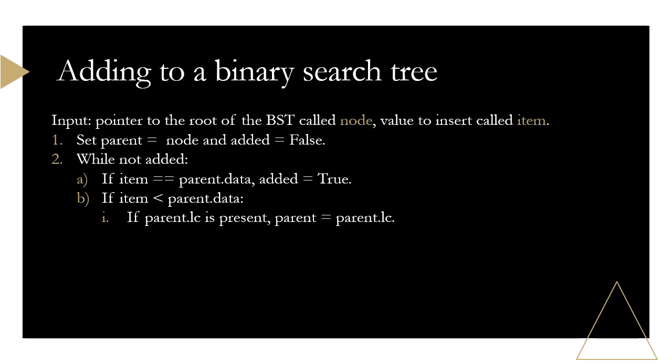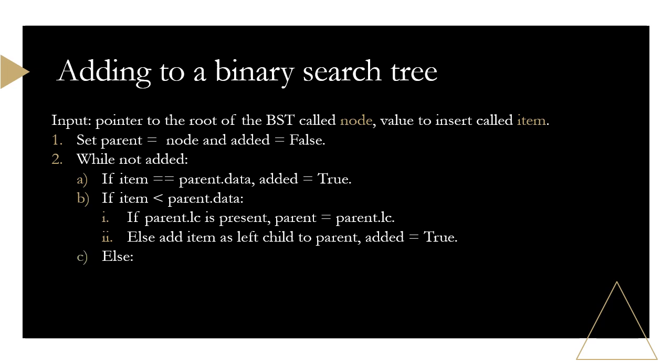If a left child is present, we update the parent variable. Parent is now the left child. If a left child is not present, we make a node, put item in it, and make this node the left child of parent. And now since we have completed the addition, we set the added variable to true.